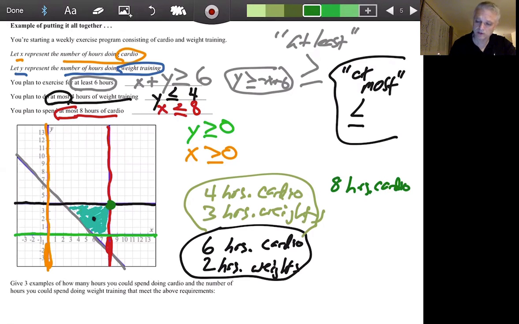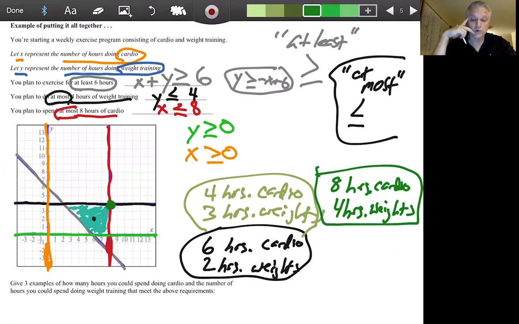It's the equal to part. And I can do 4 hours, because it's 8, 4, 4 hours of weight training. And 4 is less than or equal to 4. Obviously, 8 plus 4 is greater than 6, so I will have taken my goal and reached it for a number of hours that I'm exercising.